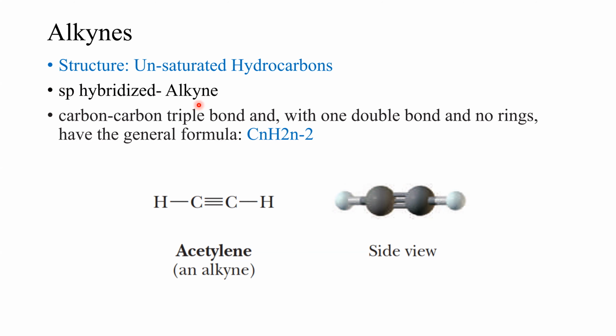This is how they form the bond in the alkyne, through sp hybridization. So if a molecule has a carbon-carbon triple bond and there is only one triple bond, you just have to focus on it that this is a triple bond, not a double bond.